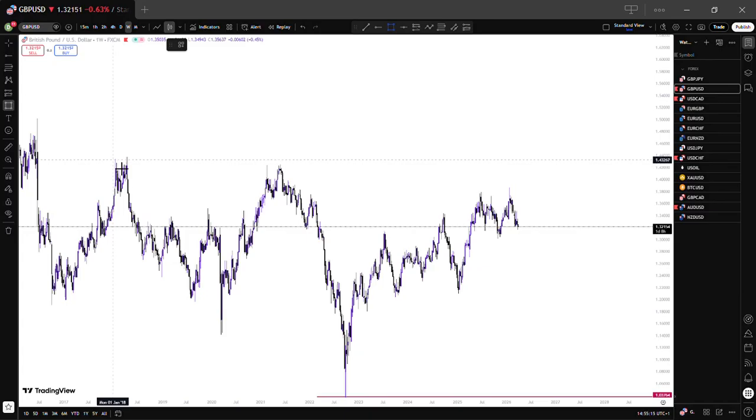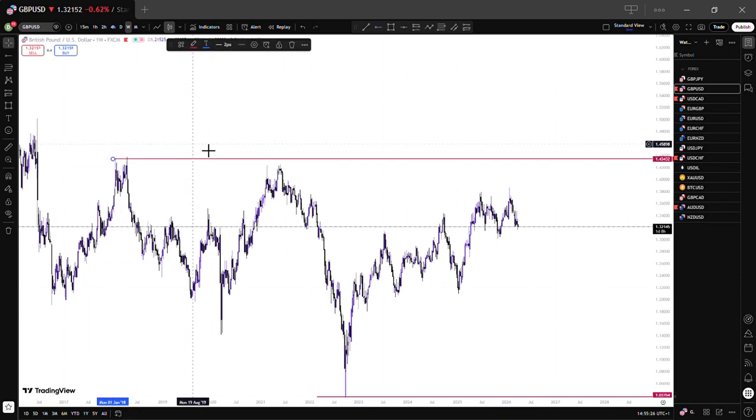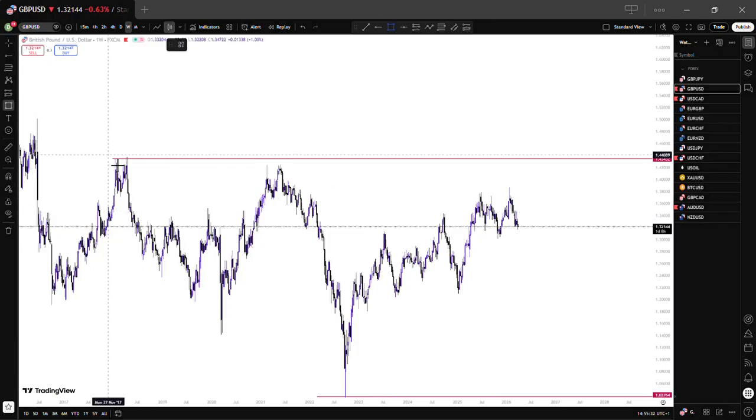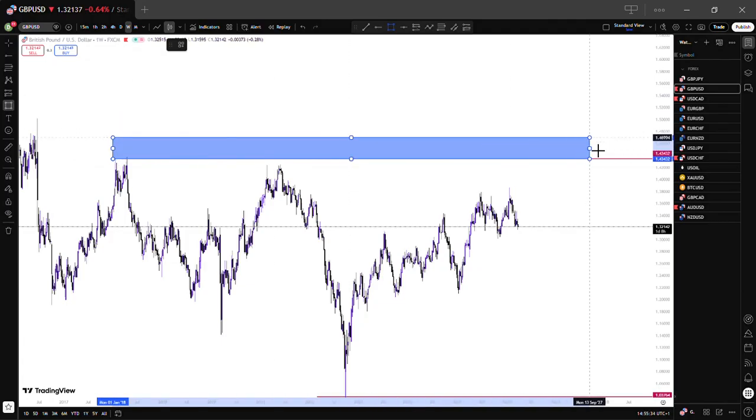Now on this weekly time frame, if you are noticing, this happens to be a zone, right? Let me mark it out with this line. Now there happens to be what you'd call a zone right here on the weekly time frame. Let me further mark it with this rectangular tool so it becomes more visible, since I'm calling it a zone, right?